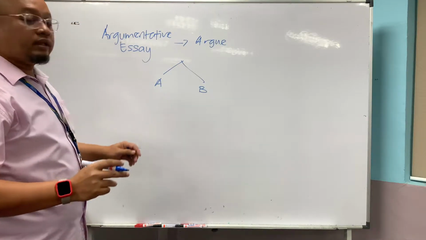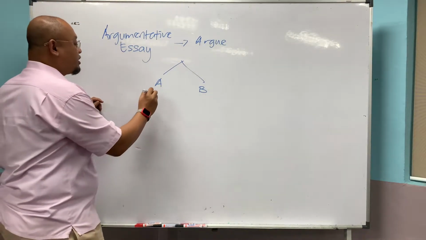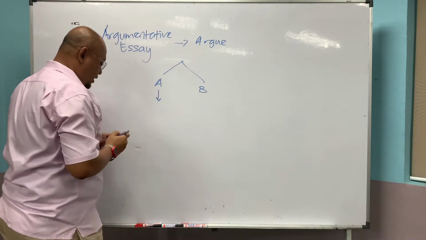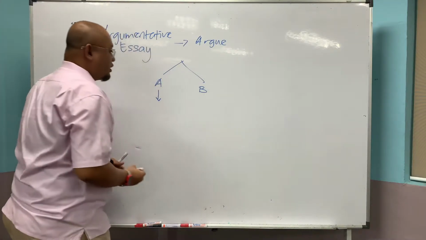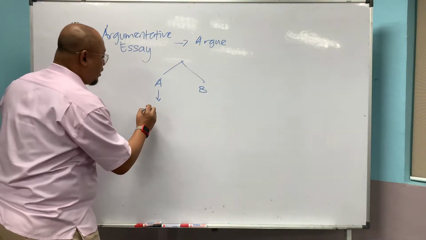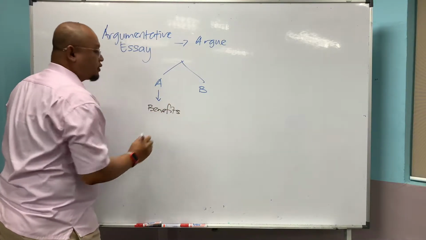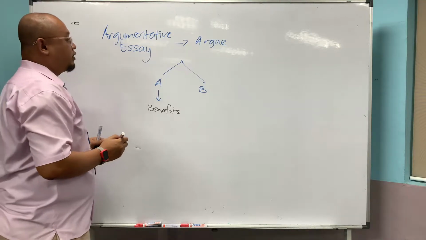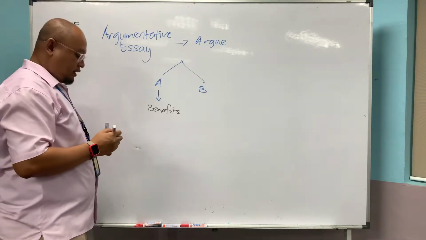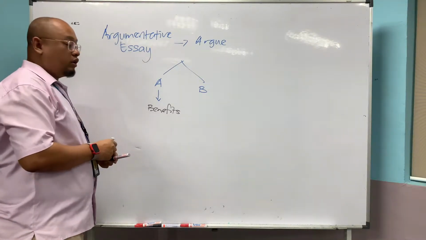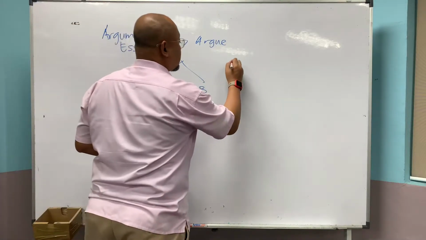Okay? In this context, for example, let's say you choose A, right? When you choose A, you're going to explain all the benefits of A, right? That is going to be your first part of it. Then you have to go to the counter argument.